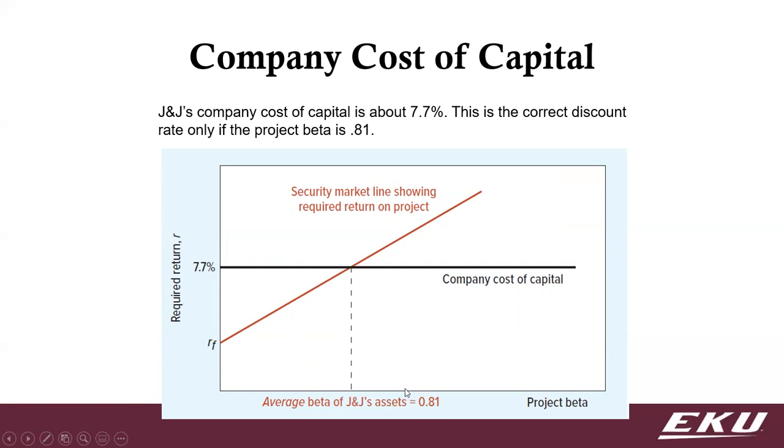If let's say the beta was 1, and now I'm up here, I've got to discount it at the market rate, the rate that the market gets, because that's what a beta of 1 is. So that's how we'll calculate the cost of capital for the project. It's looking at the project relative to the beta of that firm.